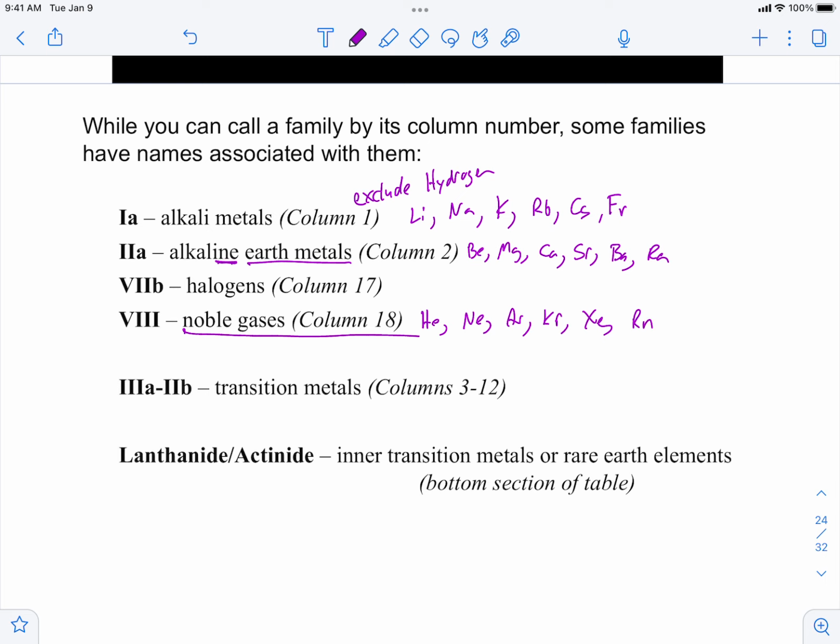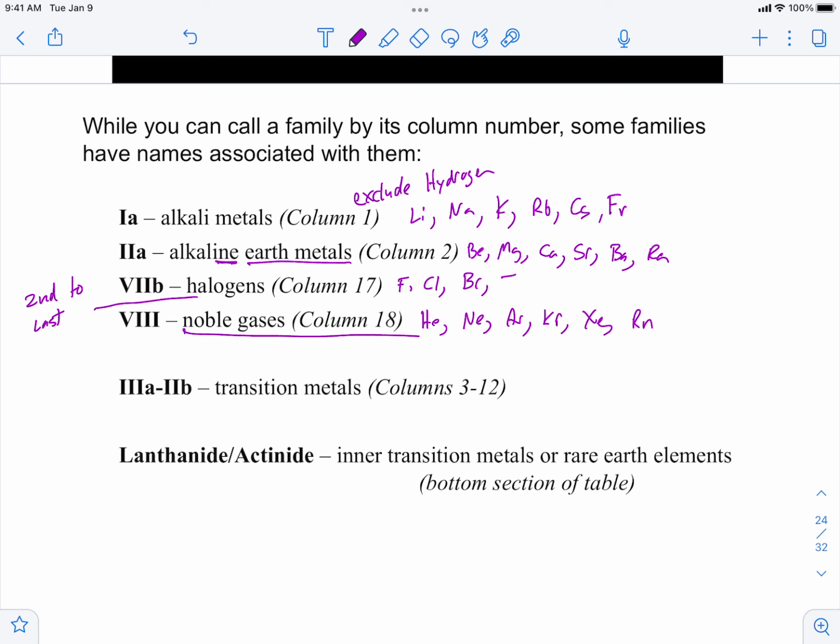And then the second to last column are called the halogens. The halogens would be the fluorine, chlorine, bromine, iodine, astatine.